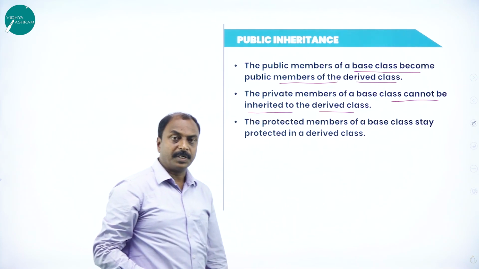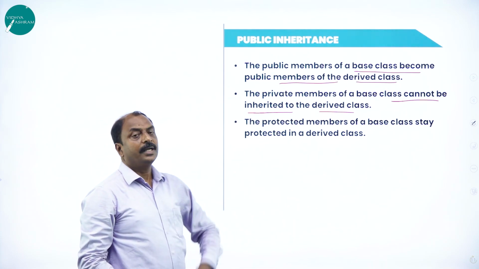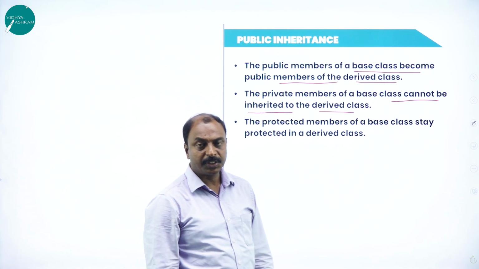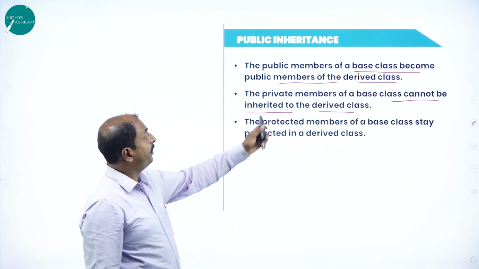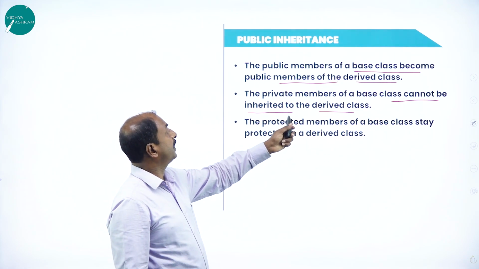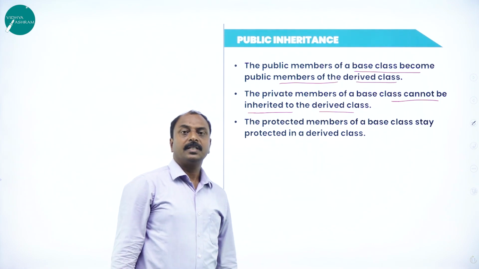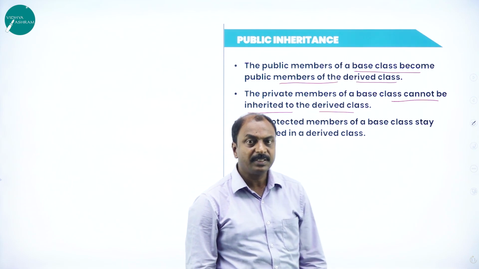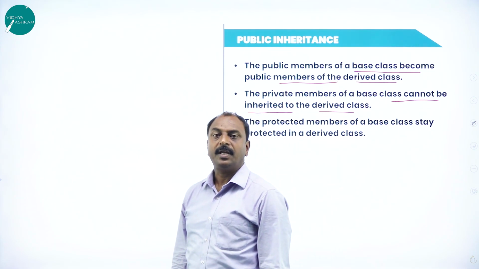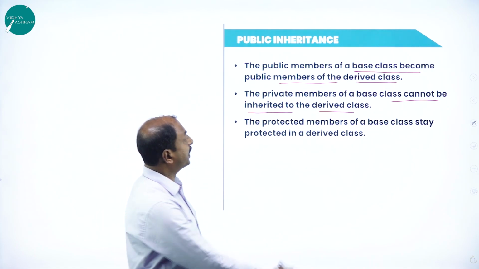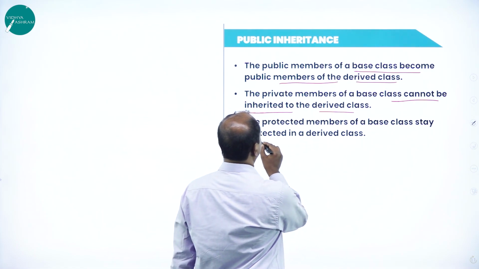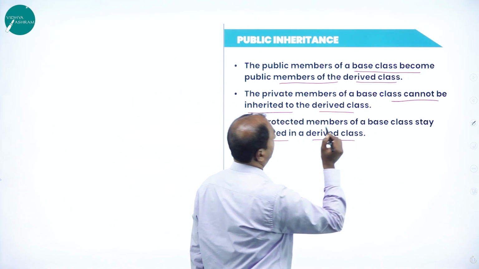Another property is that even though it is a public derivation, or we use public visibility mode, the private members of a base class cannot be inherited. Means the variables or data members declared under private in the base class cannot be inherited. And the protected members of a base class stay protected in a derived class.